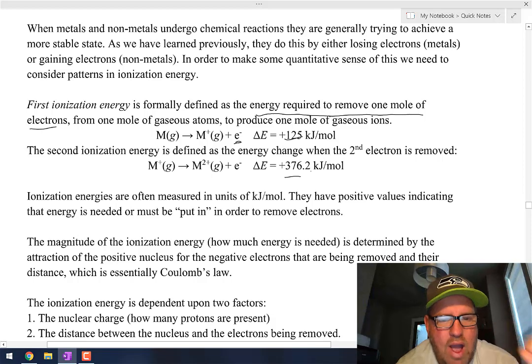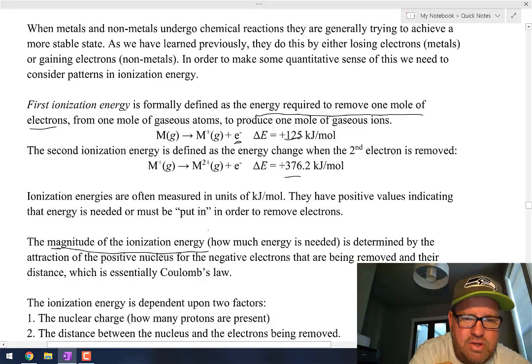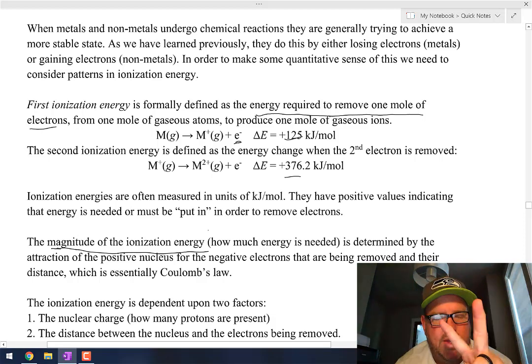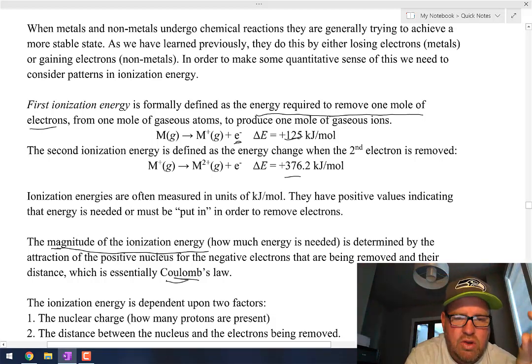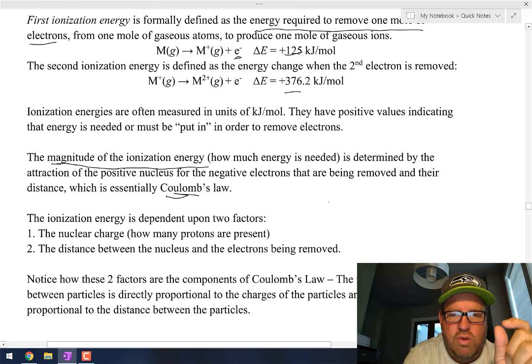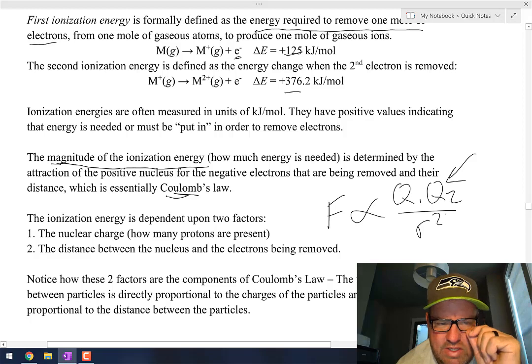Now, how much energy it takes, or what we refer to as the magnitude of the ionization energy, is determined by 2 things. And imagine this, the 2 things are the 2 things in Coulomb's law. Number 1, the charge. Remember that in Coulomb's law, the force of attraction is directly proportional to the charges divided by the distance.